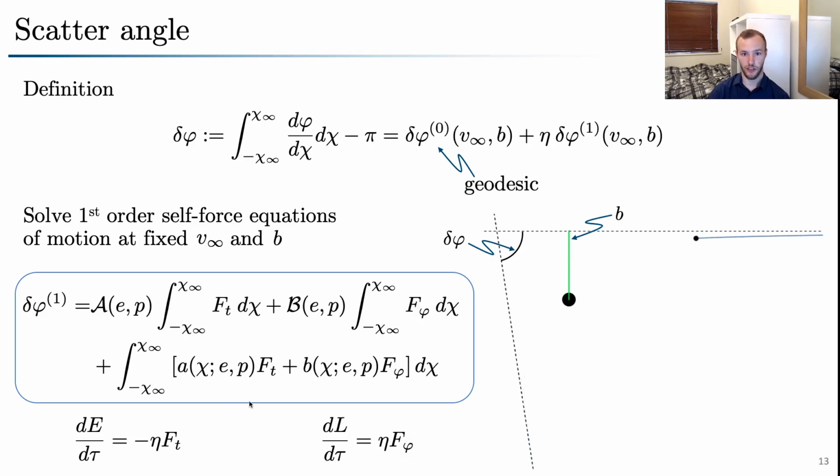Also, as part of the calculation, we have this a and b, which depend on the orbit and on chi, but these are known, so we can easily integrate these against the same self-force components that we integrated for in the other terms.